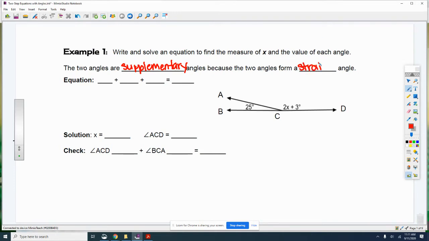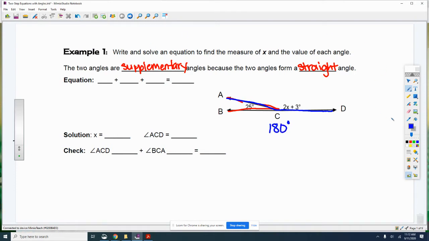They form a straight angle. So this angle right here and this angle right here. So you have angle ACB, and you also have angle ACD, and both of them together create 180 degrees.